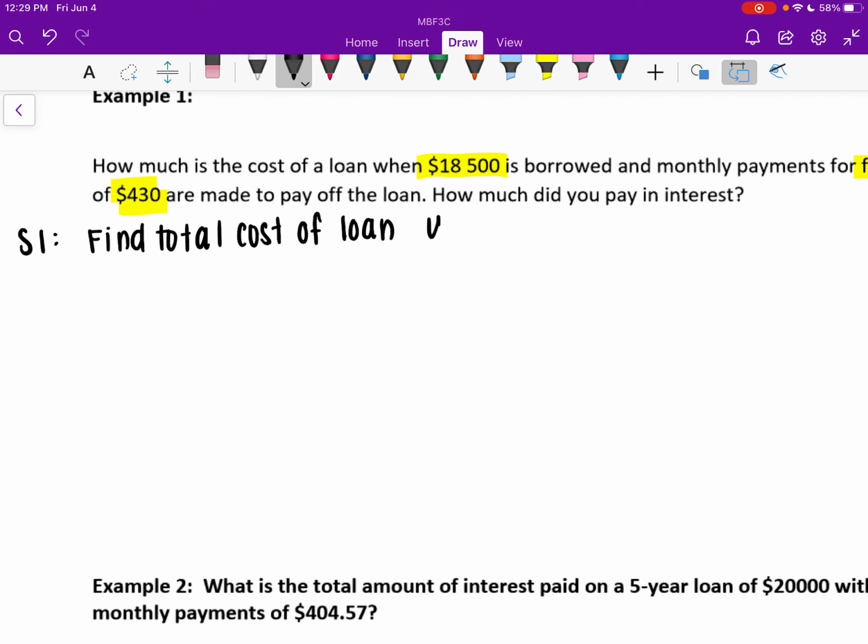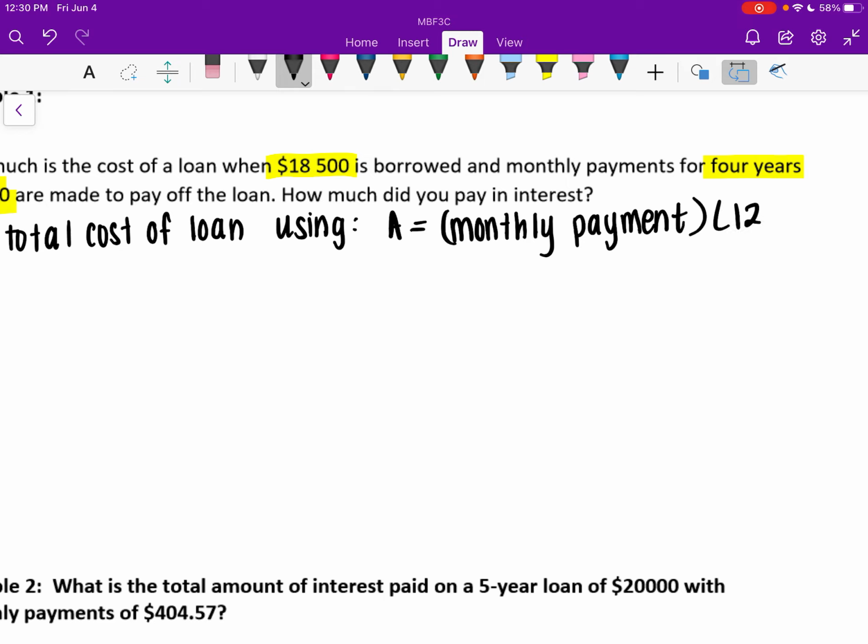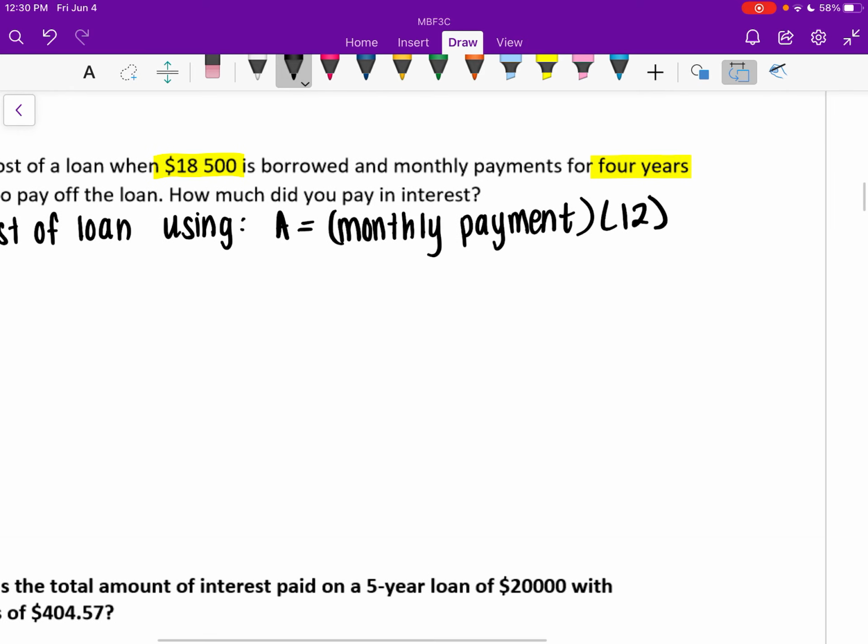Using this equation, your total cost, or your A, the amount you owe, is going to equal monthly payments times 12. If you're doing quarterly, it'll be however many payments per year, times the number of years.